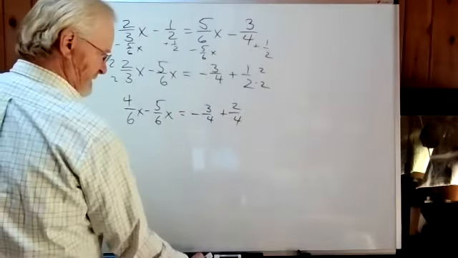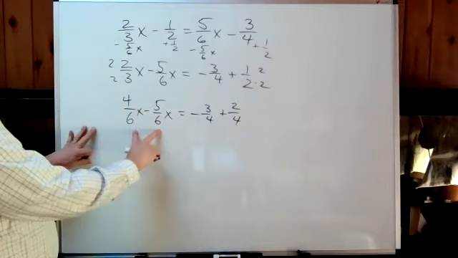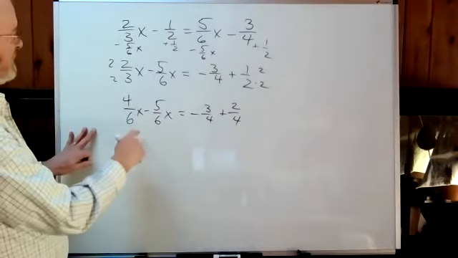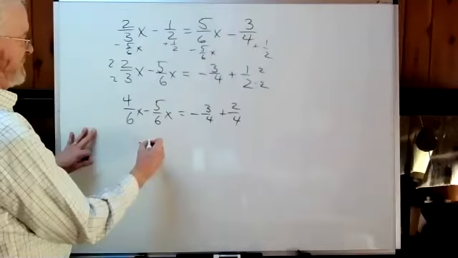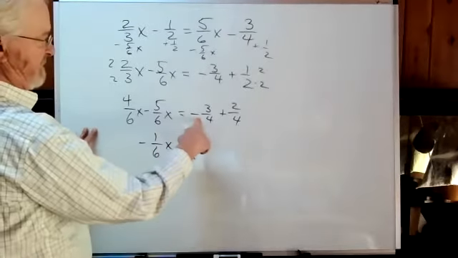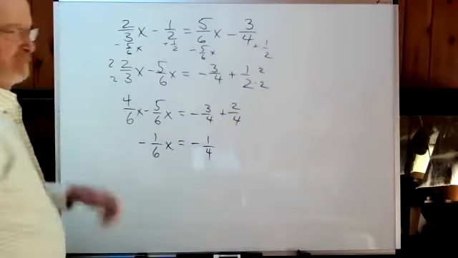I've got size 6 pieces, so I can combine them. They're all 6ths of x. 4 minus 5 means I have -1 left. -3 plus 2 means I have -1 of these left.